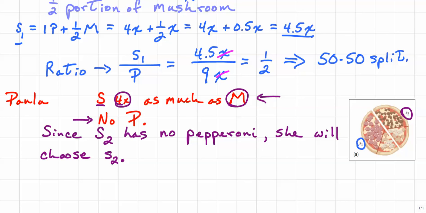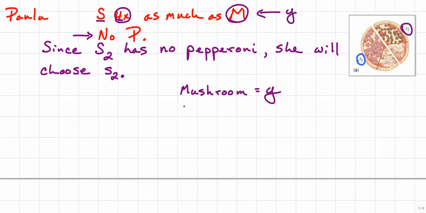Since mushroom is a single entity here, we'll let m be equal to y. And sausage is going to be 4y, since she likes sausage 4 times as much as mushroom. Since she hates pepperoni, that one's easy. That's going to be 0y, because it has no value.